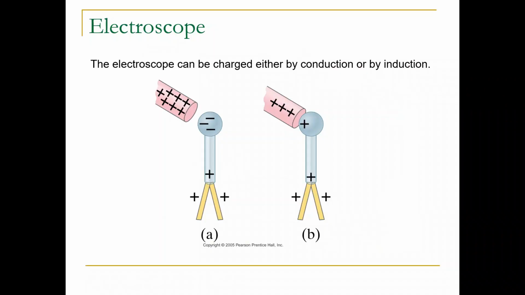So we could use that by induction, or you could charge up the electroscope with conduction. So if you bring a conducting rod and you actually touch it, then you can provide a positive charge because the electrons would leave, leaving the electroscope less negative than it had before because some of those positives would be neutralized.